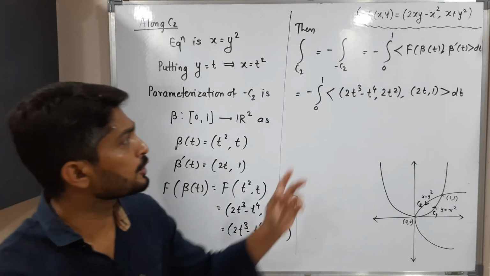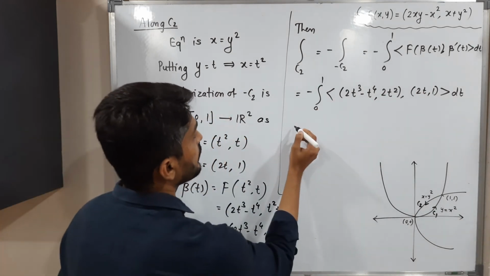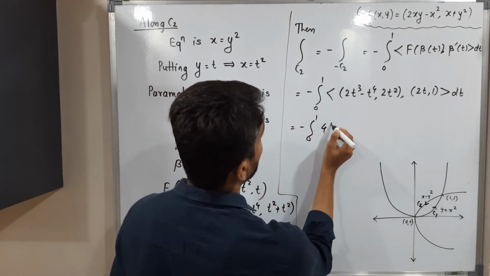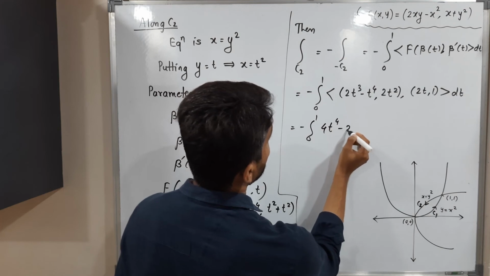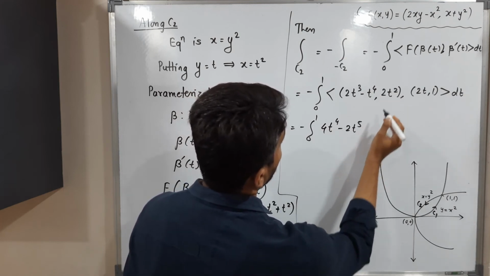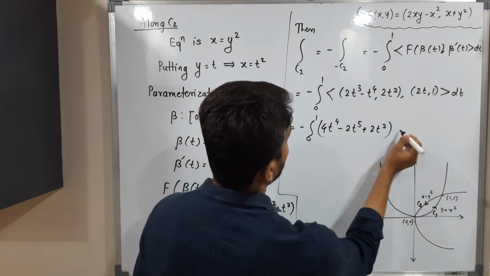Component wise multiplication, first component into first component plus second component into second component. So minus integration 0 to 1, 2t cube into 2t, that means 4t raised to 4, minus 2t raised to 5, getting? I am simply multiplying. And 2t square plus 1, that means 2t square dt.